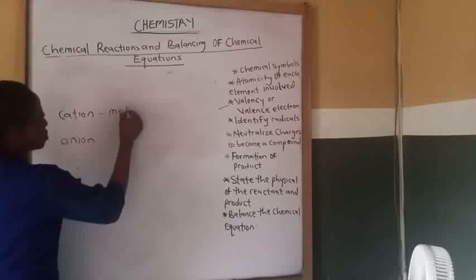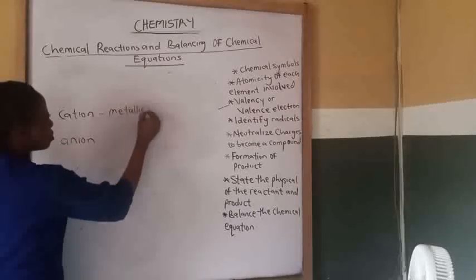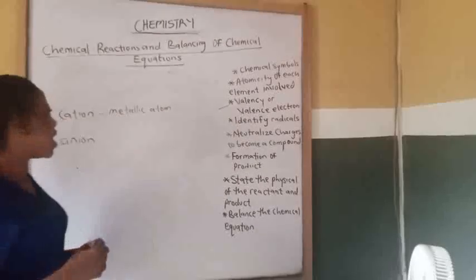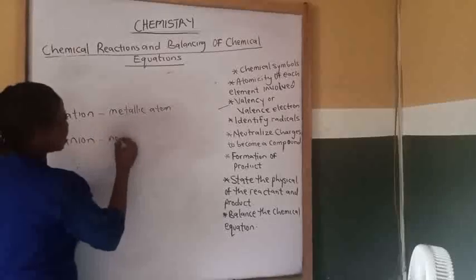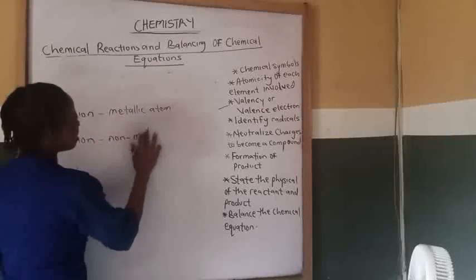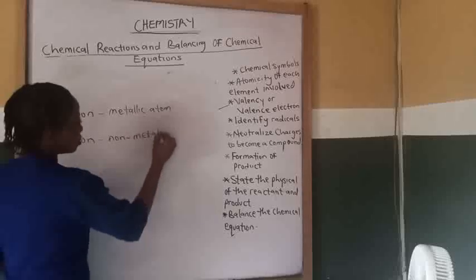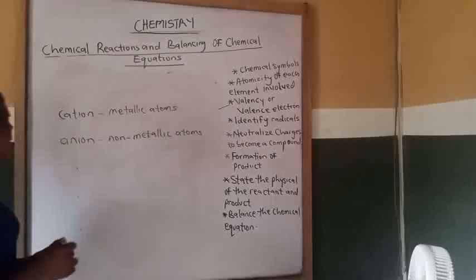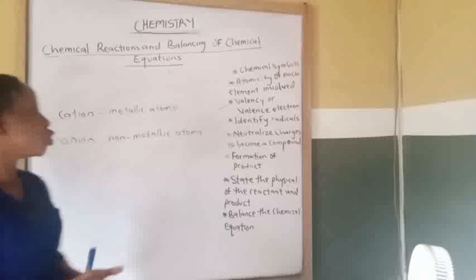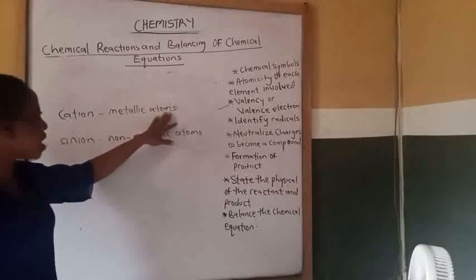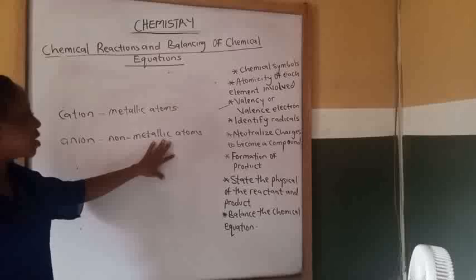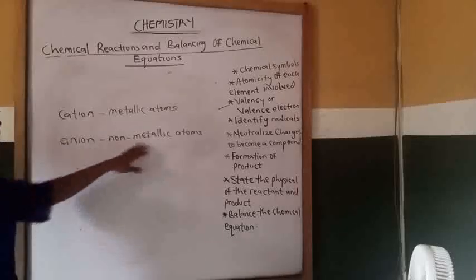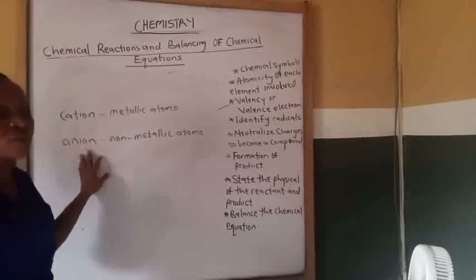So metallic atoms are cations, while non-metallic atoms are anions.